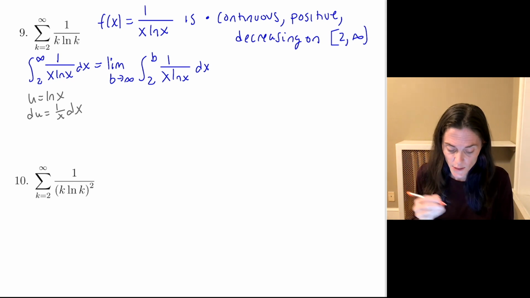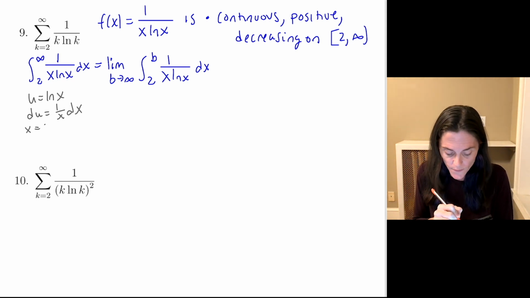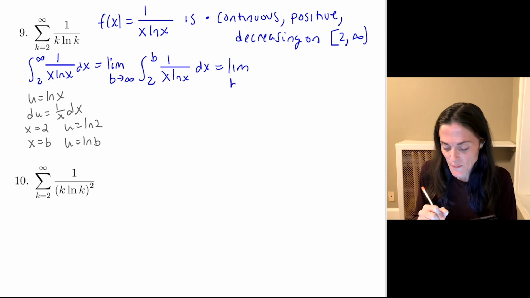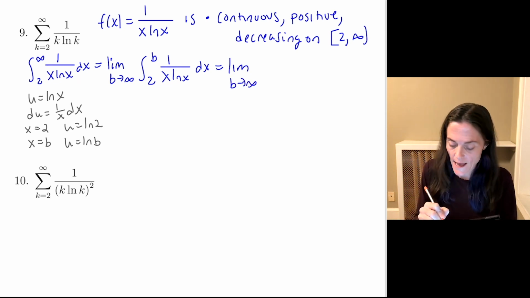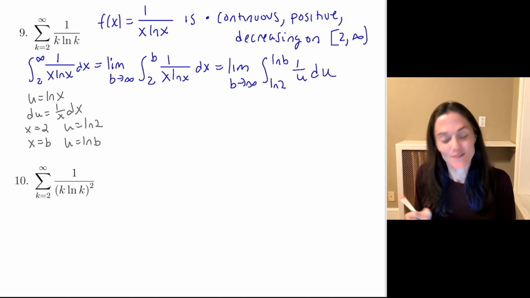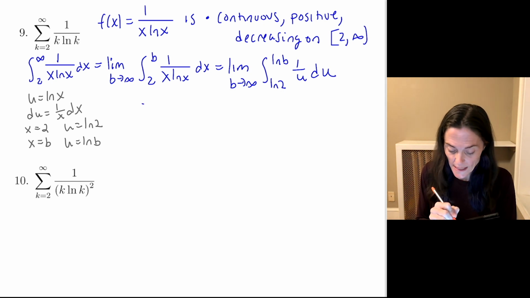The full improper integral needs to be part of your work. Okay, let's change my bounds. x ranges from 2 to b. u will range from ln 2 to ln b. So I have a limit as b goes to infinity of the integral from ln 2 to ln b, and you notice it's 1 over u du. We keep writing limit until we evaluate.